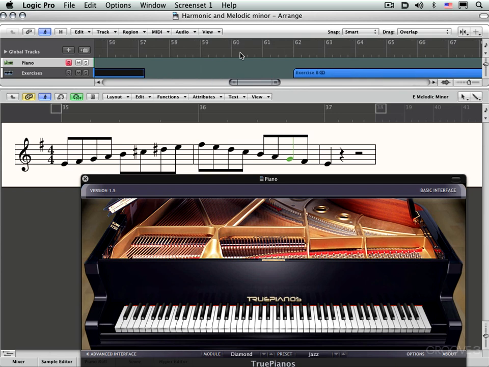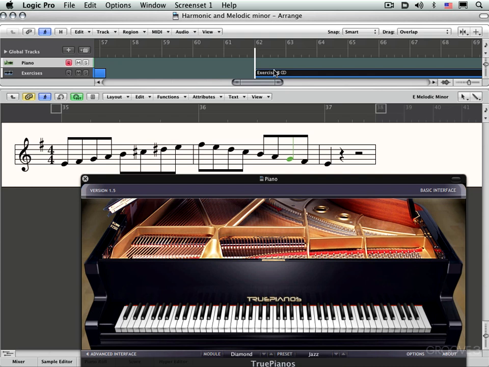Here's the next example of the second exercise where we're going up to the 9th degree and then back down. And you can practice this with each of the different types of minor scales. Here I'll show you an example of how it's done with the harmonic minor scale.